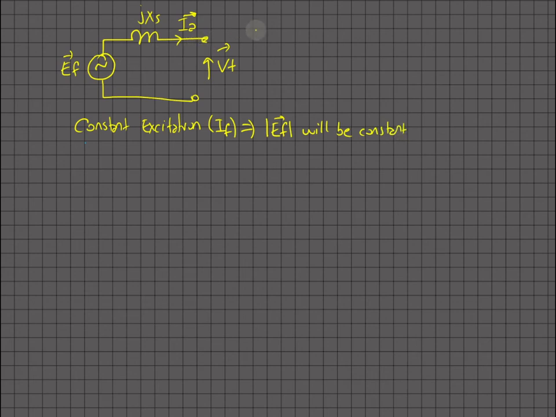So here again it is working like that form. Again, let's assume it is working as a generator for now. If it is working as a generator, we can write EF is equal to VT plus jXS IA.